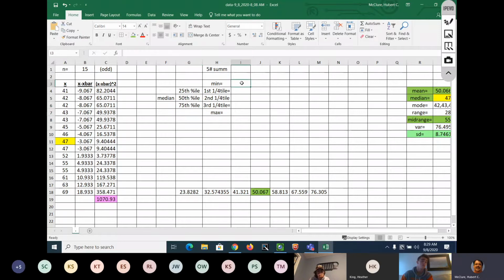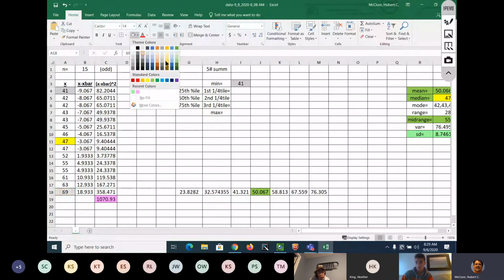So the mean is pretty simple. We're going to color it gray. And that's that number right there. So if you get the min and the max wrong, don't tell anybody. Max, we'll color it. No, not gray.